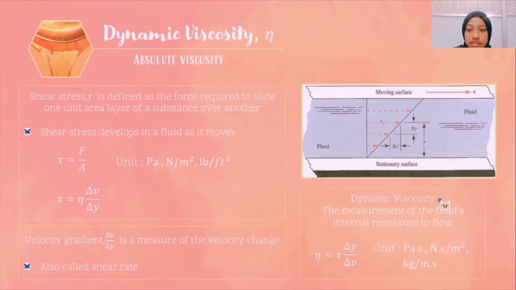Dynamic viscosity is the measurement of the fluid's internal resistance to flow. The formula for dynamic viscosity is equal to shear stress over velocity gradient. We just rearrange from this equation. The unit for dynamic viscosity is Pascal second or Newton second per meter squared, or kilogram per meter second.